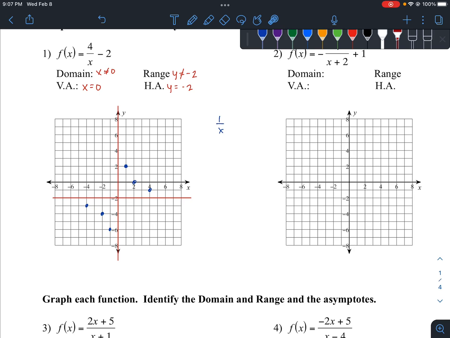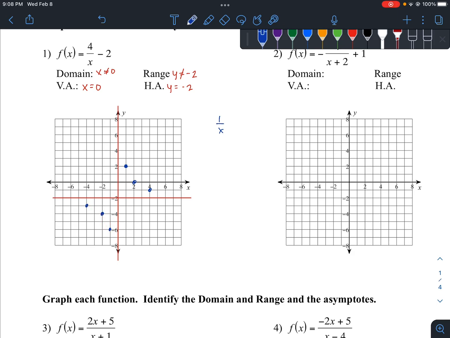So let's say I plug in 2 into this function. 4 divided by 2 is 2, and 2 minus 2 is 0. So the point will be at (2, 0). And if I plug in negative 2, 4 divided by negative 2 is negative 2, and negative 2 minus 2 is negative 4. So (-2, -4). If it's an even number on top, it's usually easy to pick the number that's in between.